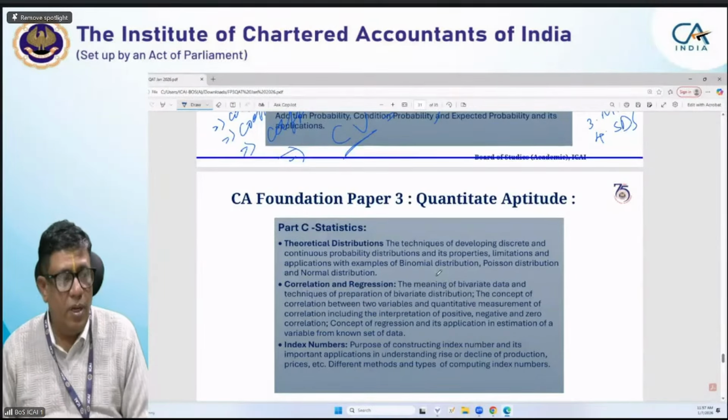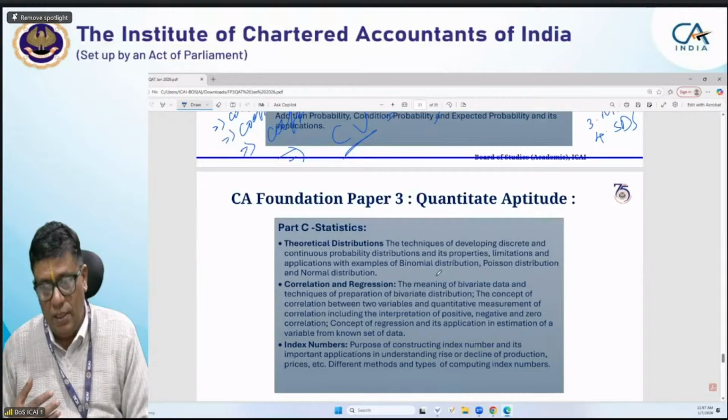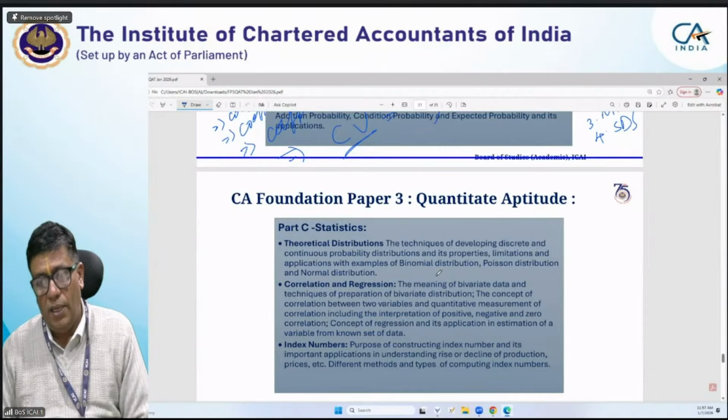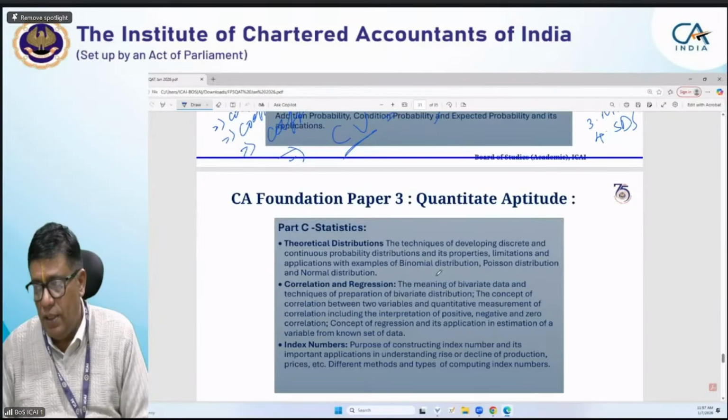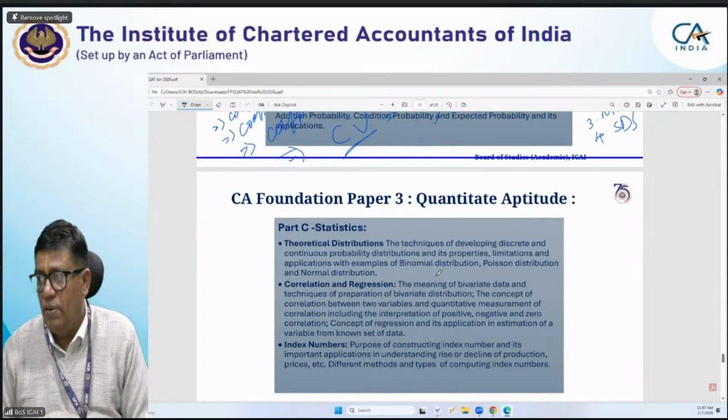down the important formulas related to correlation and regression. Regression is an equation which estimates y on x. For example, demand is a function of price, so you have to form a function and see how it can be used.